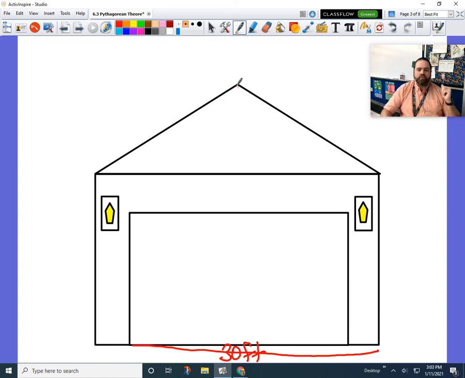Now, what I want to focus on up here is this pair of triangles at the top. Notice they are right triangles. That means that this 30 feet, there was 15 feet over here and 15 feet over here. The next thing that I needed to know, if I'm trying to calculate this distance over here, is how tall this vertical piece of this triangle is.